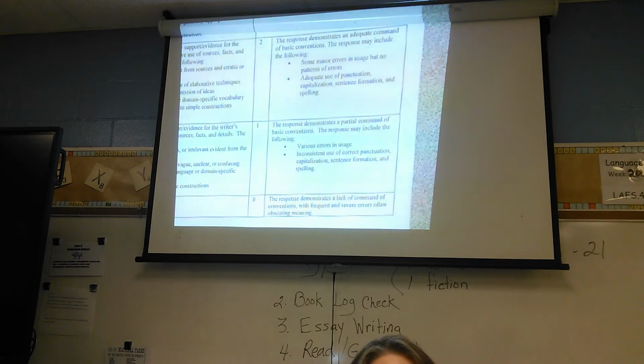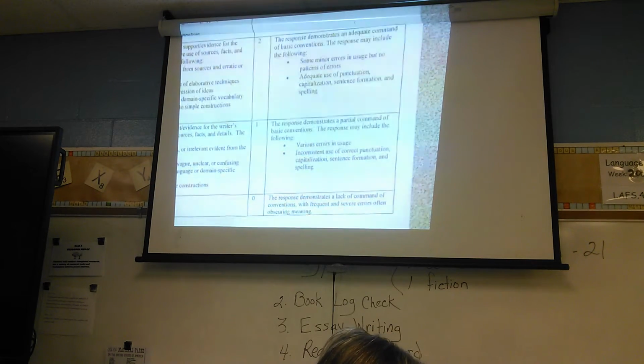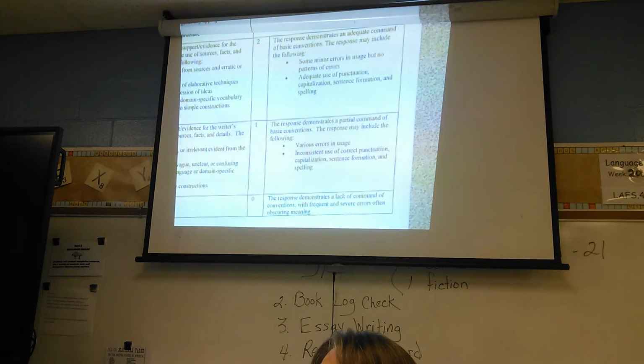And I'm going to start actually all the way over on the right-hand side. Your essay is going to receive a score of 0 to 10. And you can get a 0 if you copy from the text, and your essay is mostly copied material from the text. If you write in another language, you can get a 0. If you don't write enough that they can even give you a number, then you can get a 0.